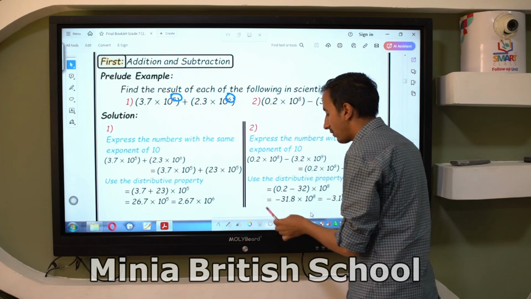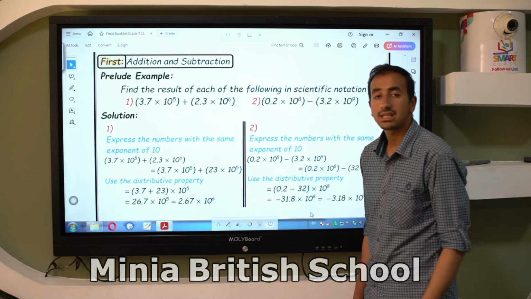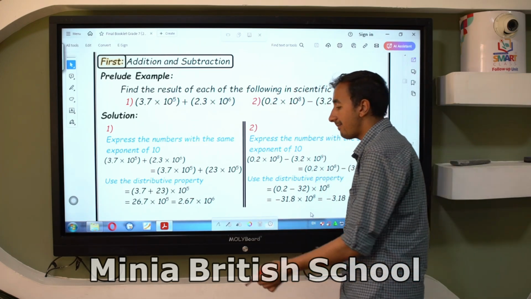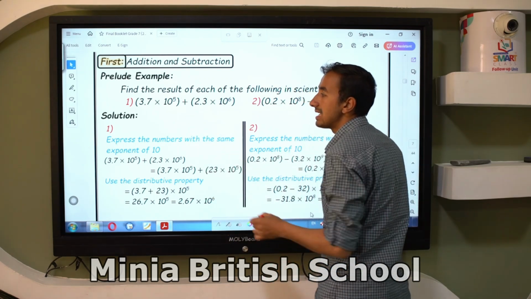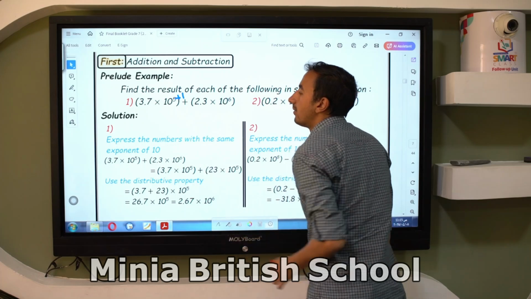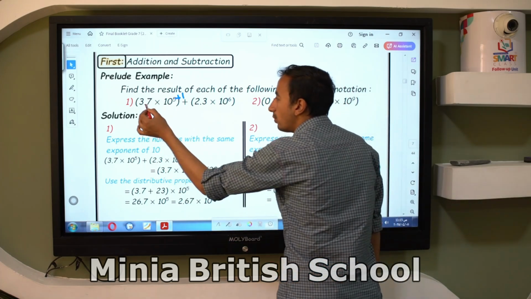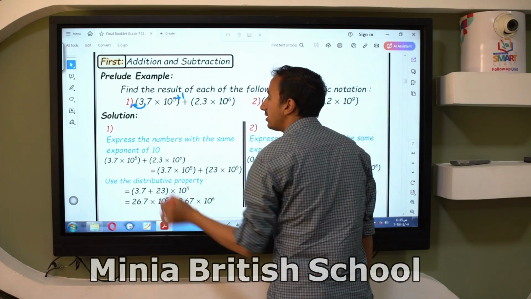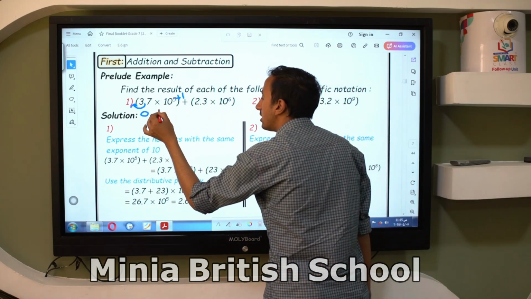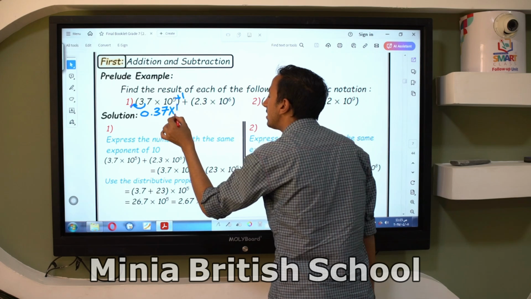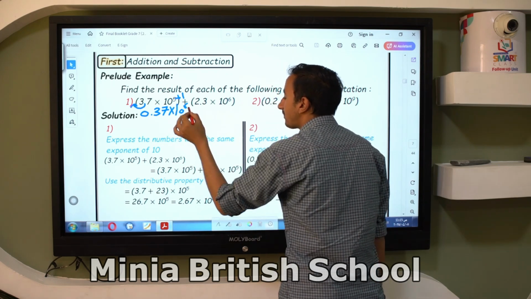You can convert 5 to 6 or 6 to 5. First, make 5 into 6, adding 1. So we must move the decimal point 1 digit to the left. So I can write 0.37 times 10 to the power 6.